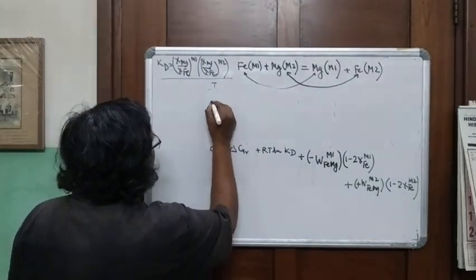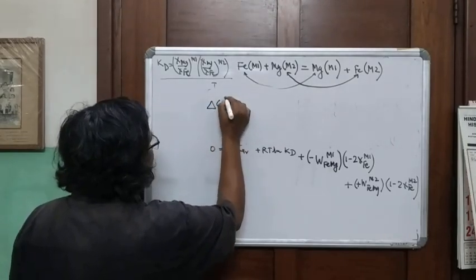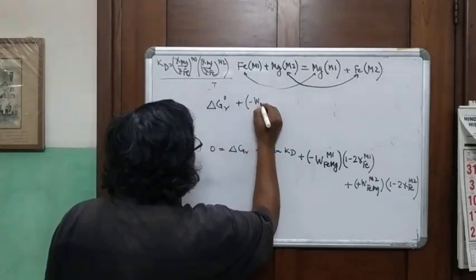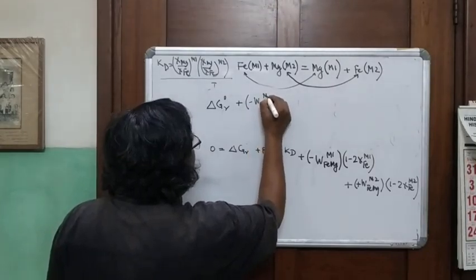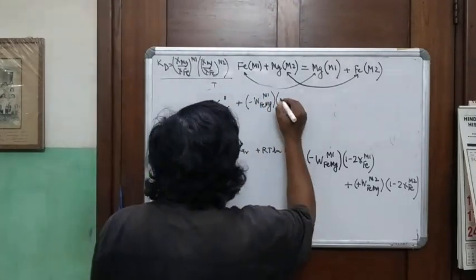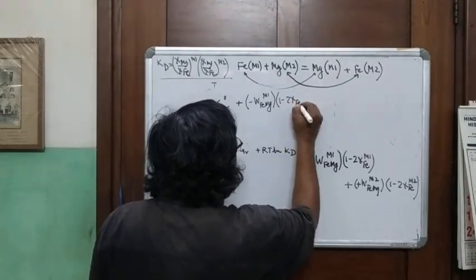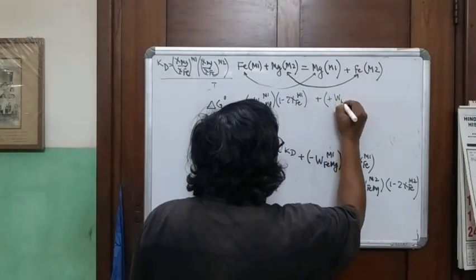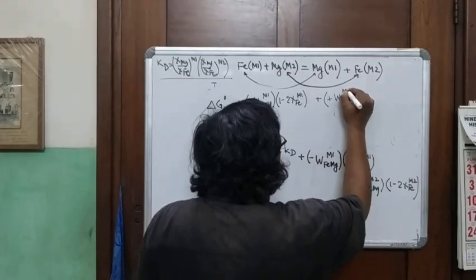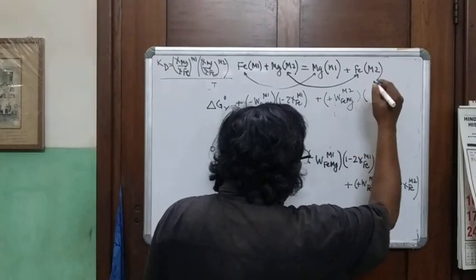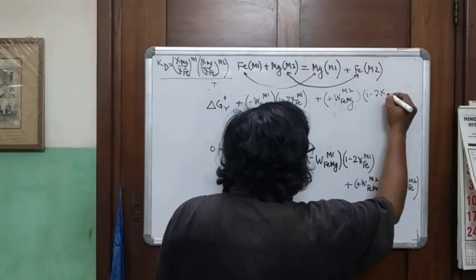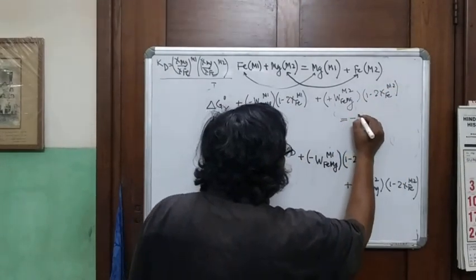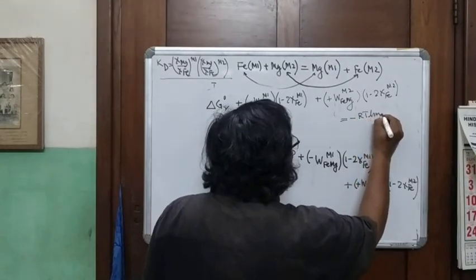So now I can write del GR 0 plus minus WFEMG M1 into 1 minus 2x FEM1 plus WFEMG M2 into 1 minus 2x FEM2 is equal to minus RT ln KD.